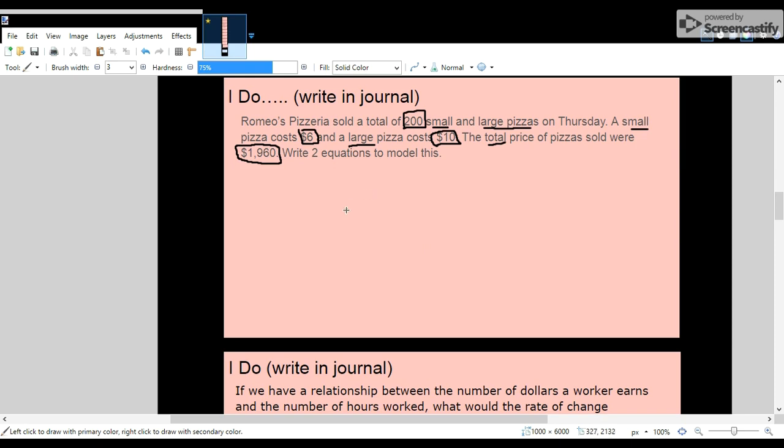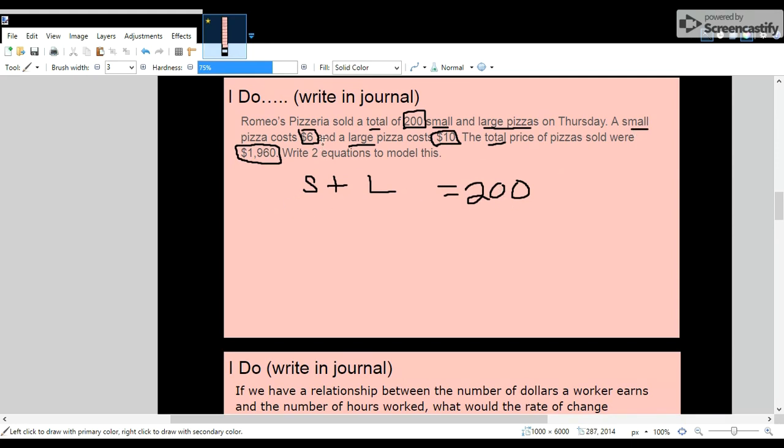So we can have two equations to represent this. So the total was 200 pizzas, and that's going to be the smalls plus the larges. So small pizzas plus the large pizzas equals 200 pizzas.